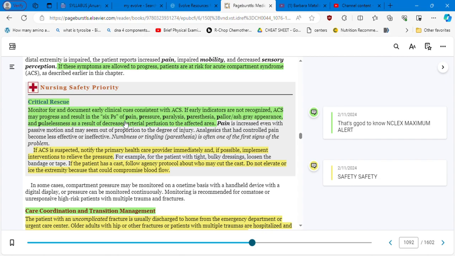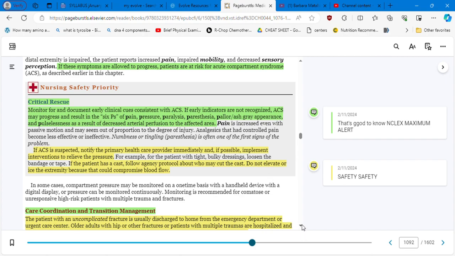So those are the 6 P's, as a result of decreased arterial perfusion to the affected area.